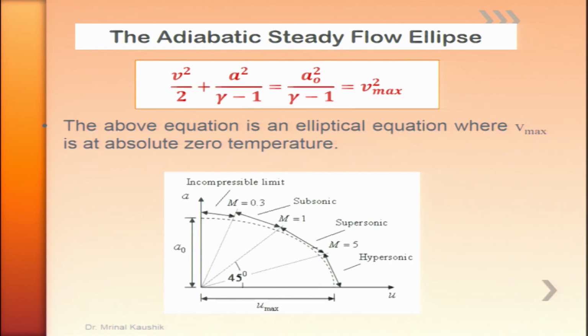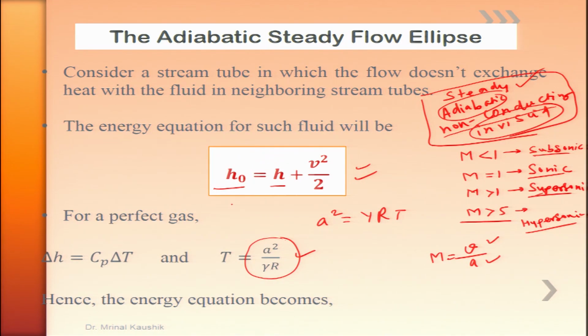You can note down here that H naught becomes Cp T naught, whereas H is equal to Cp T plus V square by 2. Now Cp is given as gamma R upon gamma minus 1.